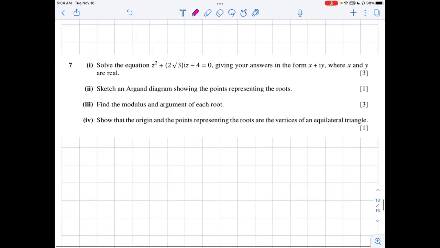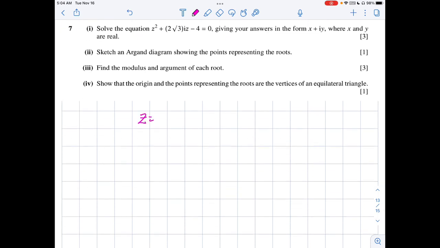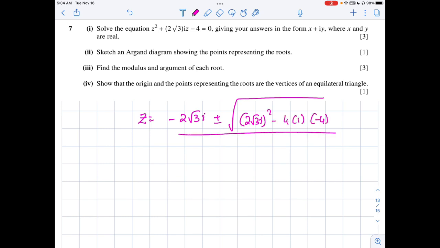Now coming to question number 7. Solve the equation z square plus 2 root 3 iz minus 4 is equal to 0, giving your answers in the form of x plus iy. So z equal to minus b plus or minus square root of b square minus 4ac upon 2a, where b is 2 root 3 i, and 4ac is 4 times 1 times minus 4.